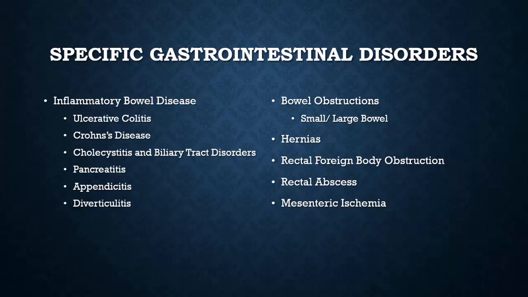Certain disease processes include ulcerative colitis, Crohn's disease, cholecystitis and biliary tract disorders, pancreatitis, appendicitis, and diverticulitis. We'll talk briefly about bowel obstructions, including obstructions of both the small and large bowel, hernias, rectal foreign body obstructions, rectal abscesses, and mesenteric ischemia.